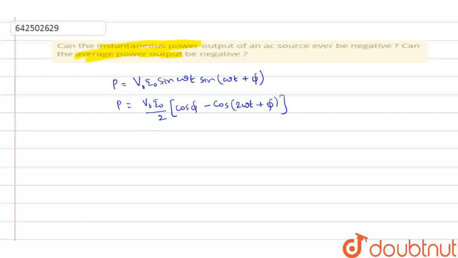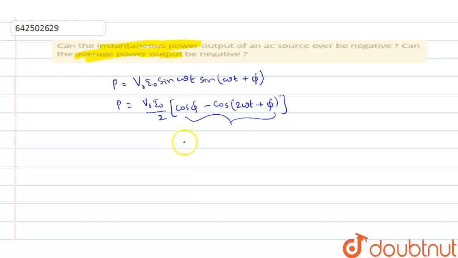Now see the terms inside the bracket here. One term is cos phi, the other term is cos of 2 omega t plus phi. So clearly when you look at these two terms, you can see that phi is the lesser angle compared to 2 omega t plus phi.